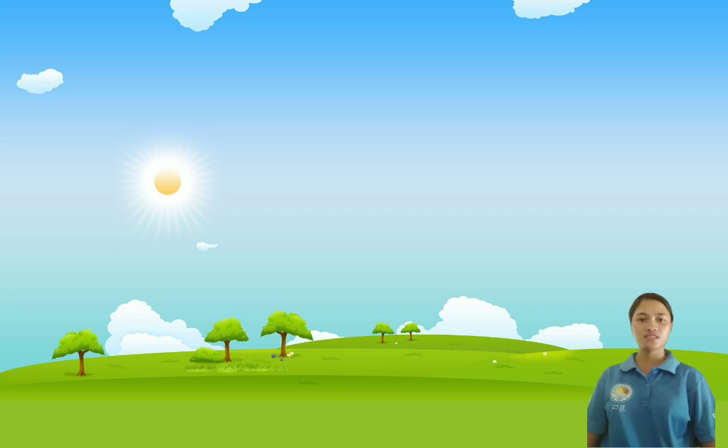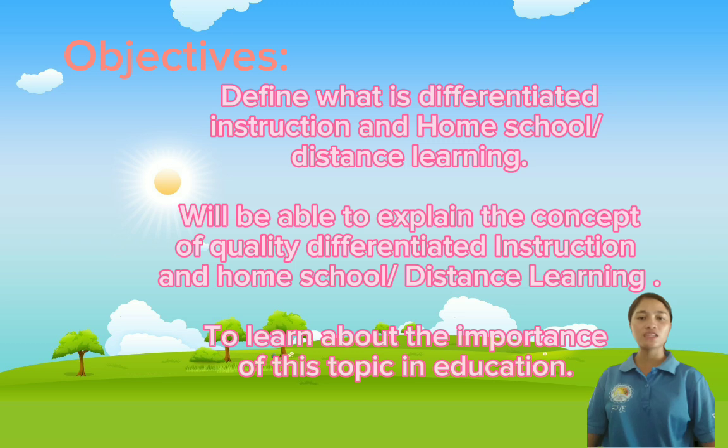The objectives are to define quality differentiated instruction and homeschool or distance learning, to be able to explain the concepts of quality differentiated instruction and homeschool or distance learning, and to learn about the importance of this topic in education.